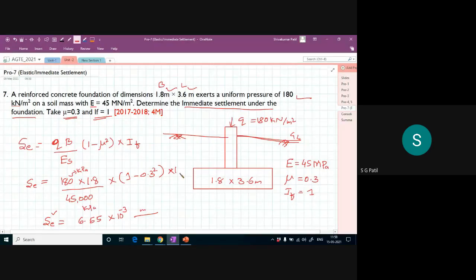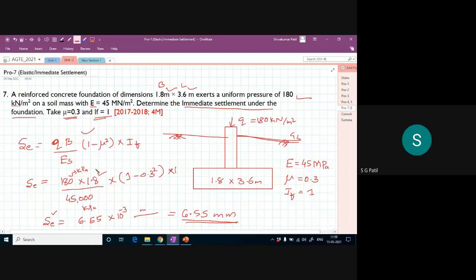Anyway, mu is unitless and influence factor is also unitless. Whatever unit you are putting, the same unit you will get. So 1.8 meter I am putting, in terms of meter only I will get. So that means 6.55 mm. Just remember the formula and substitute.